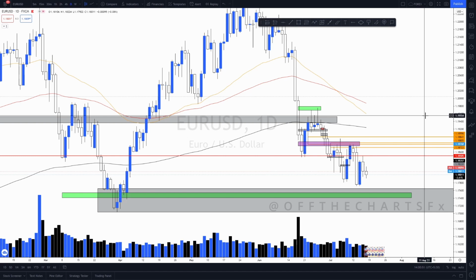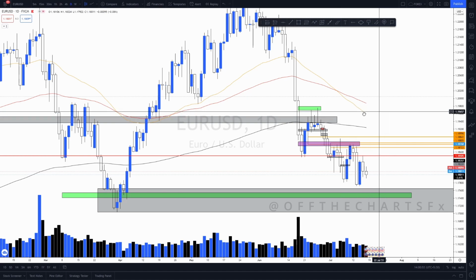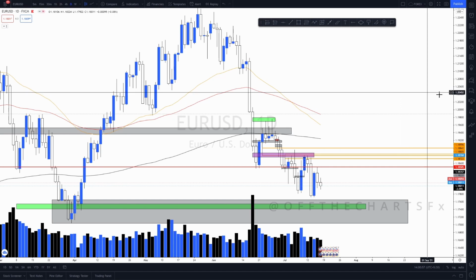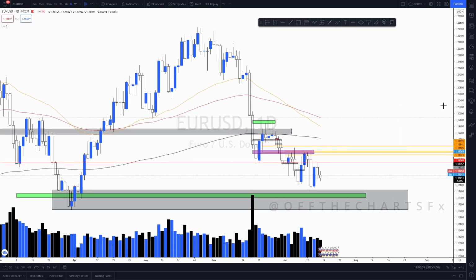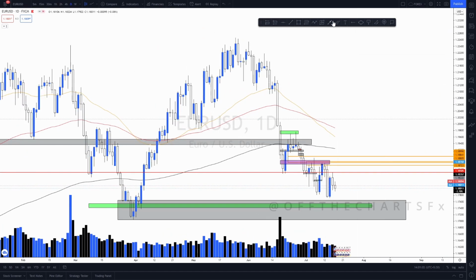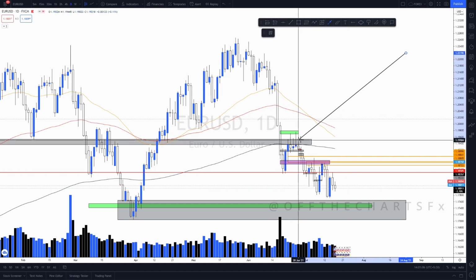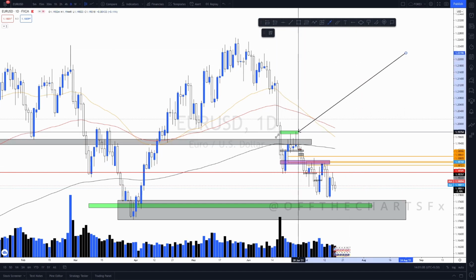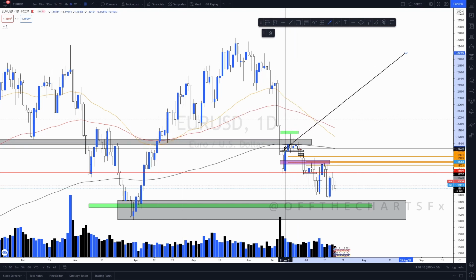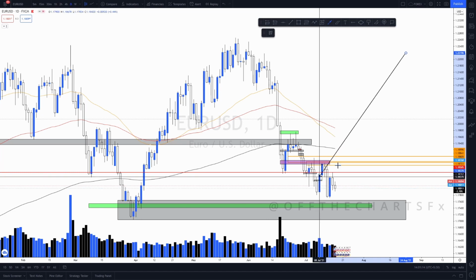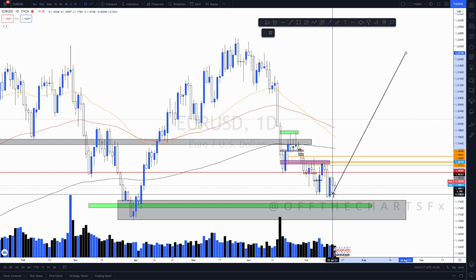So what do I see and what can you guys relate with this? As we see, price was in a big push to the downside, small retrace, retest at this level, and then push, then retest, then push, then again retest, then push.